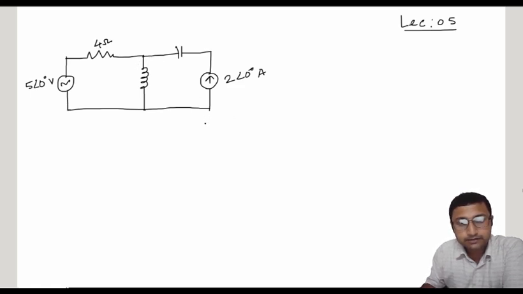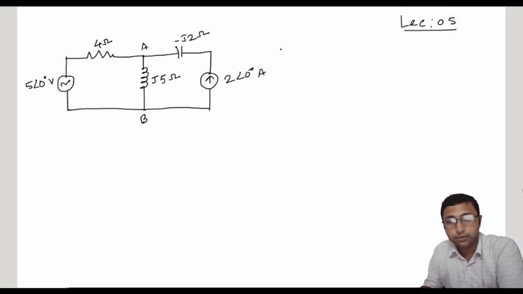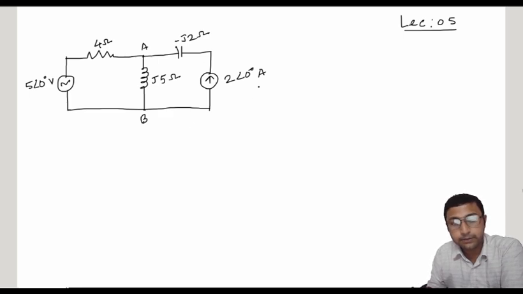This is called the inductive reactance, and the value is J5 ohm, and this is called the capacitive reactance, and the value is minus J2 ohm. All the values are in ohms.